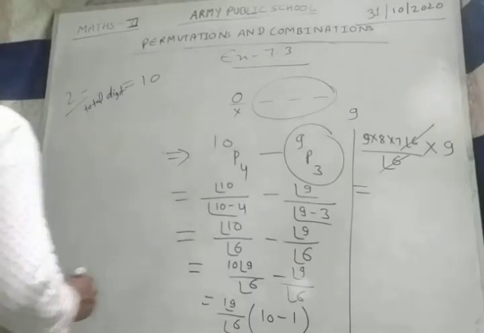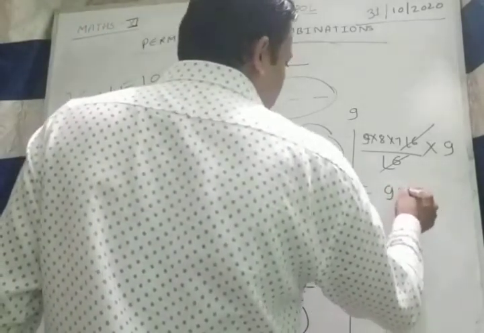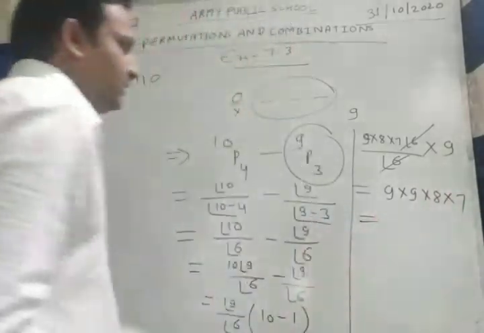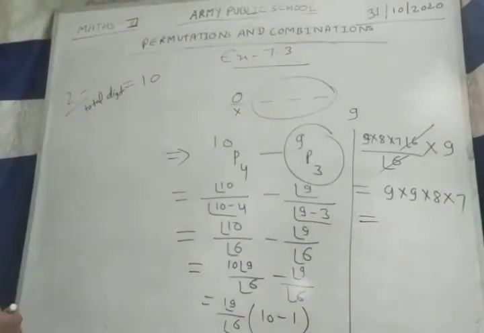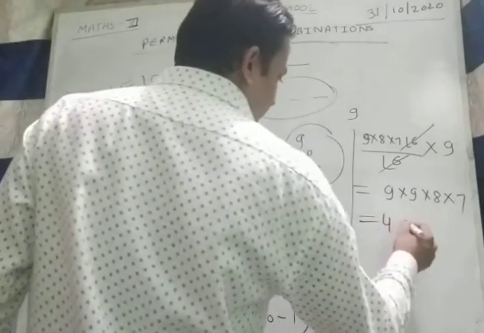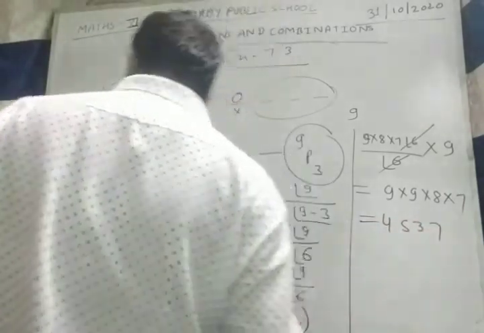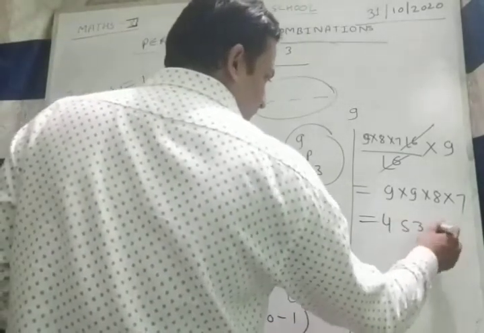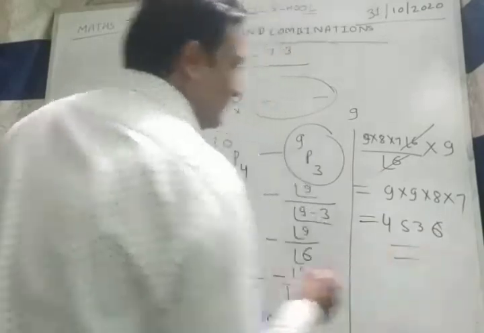We will get 9 into 9 into 8 into 7. And our answer will be what? Our answer will be 4536. It will be our answer.